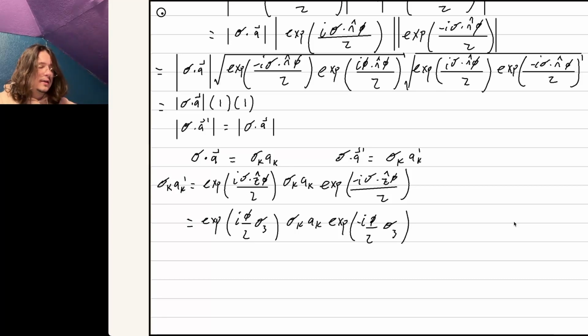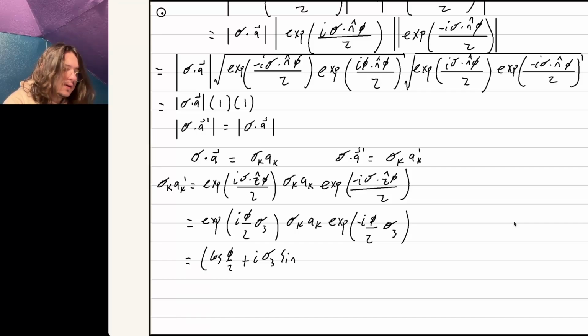Now you can do your Euler identity. Interestingly, when you do it on something which involves e to the matrix of some kind, that turns into multiplying the sine component, the imaginary component, by the matrix.